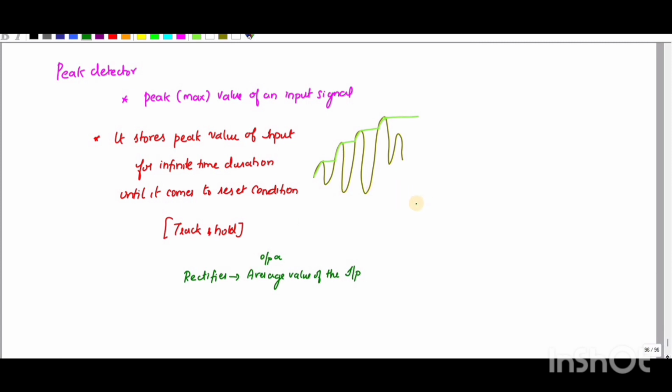So if I want to detect the peak value of the signal, we use the peak detector. Traditionally we use an AC voltmeter, but with the help of a peak detector, we can detect the peak of a non-sinusoidal waveform also.